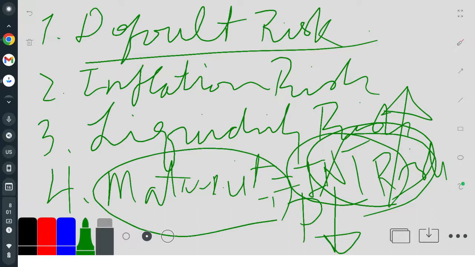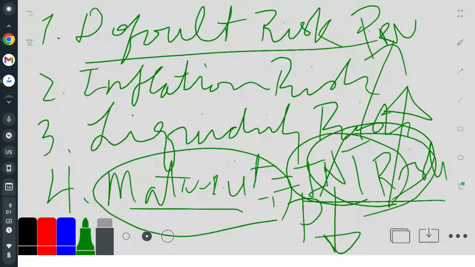Why? Any uncertainty is risk, because risk is not only the downside; upside is also uncertainty. Therefore, it's the risk, right? Maturity risk is also called interest rate risk, but it's also called price risk. Why?